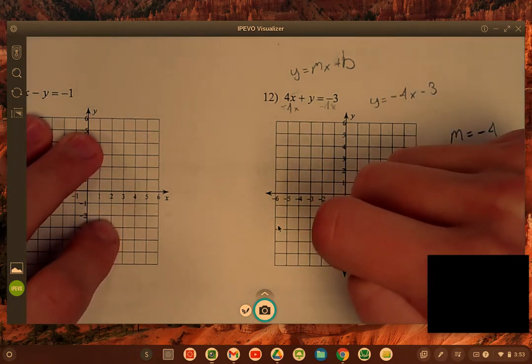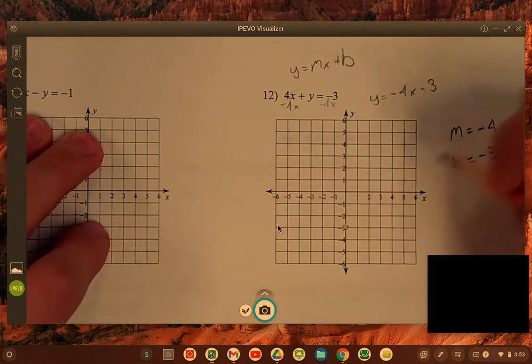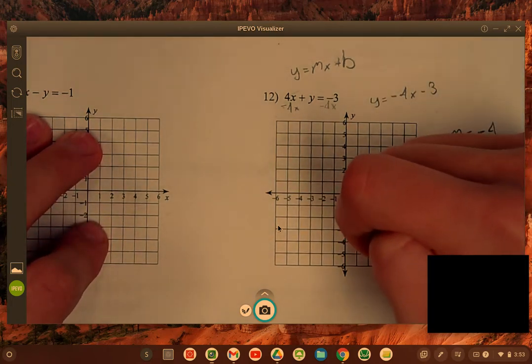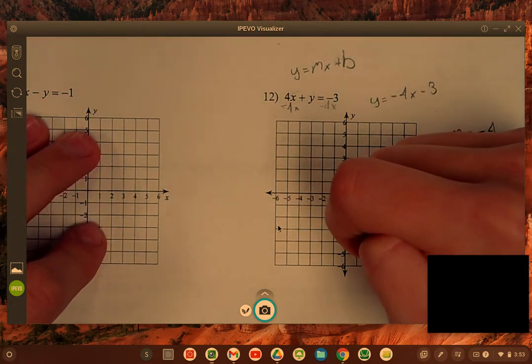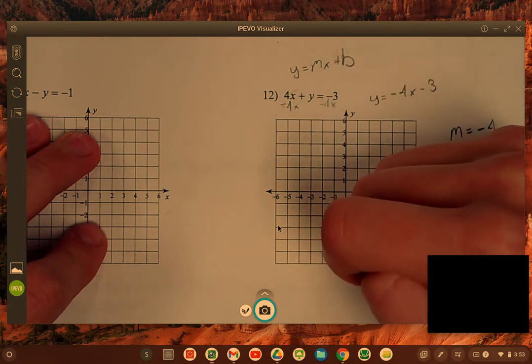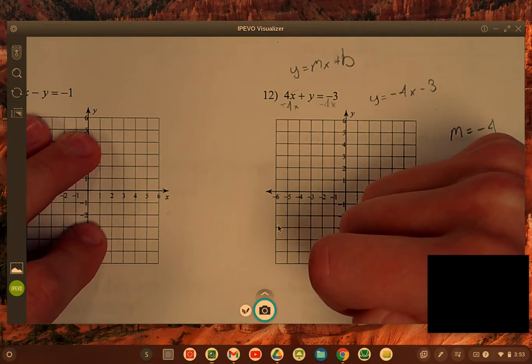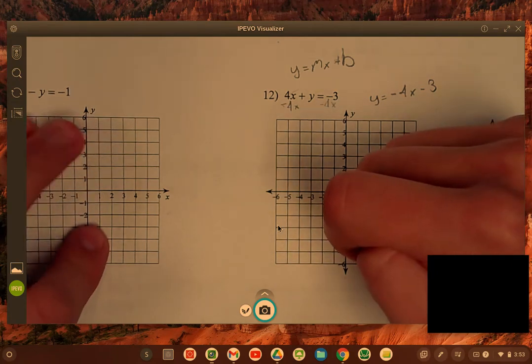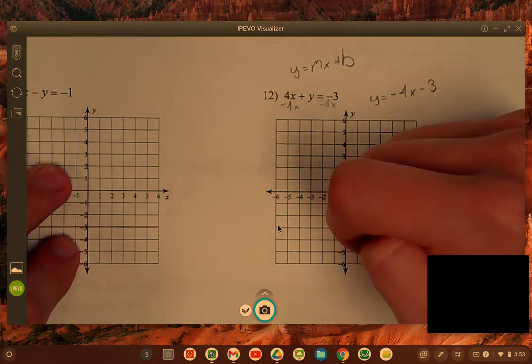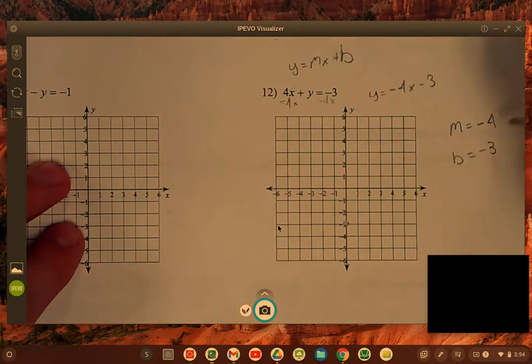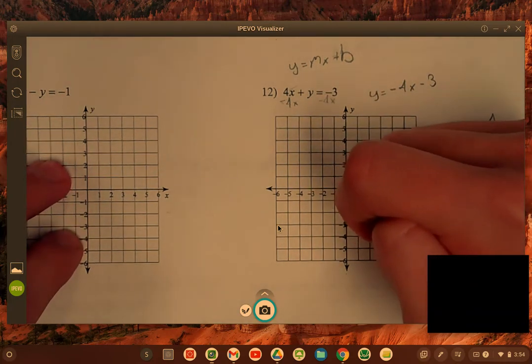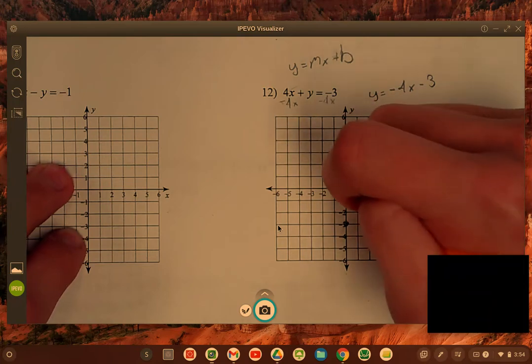We're going to go down 3 and make a point there, and then go down 4: 1, 2, 3, 4. Or can we just go up 4 and then over? So it'll be 4 over 1: 1, 2, 3, 4.